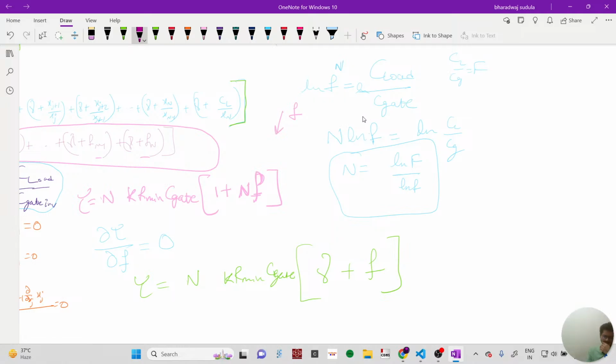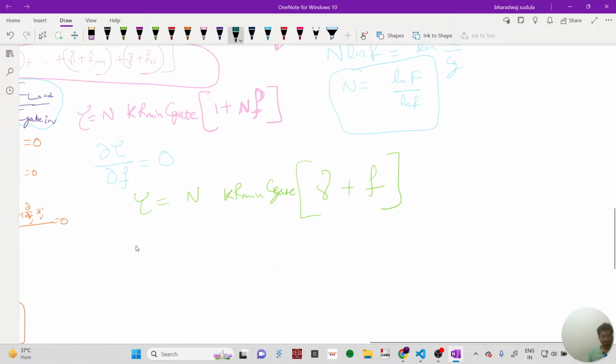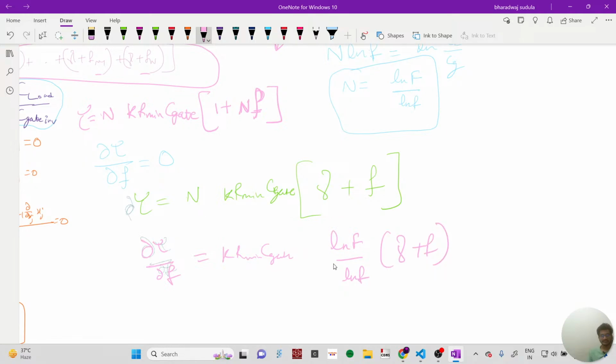So here, if I differentiate with respect to f, this is a constant. This is ln f, ln small f, comma plus f. This is what I wrote, equated to 0.